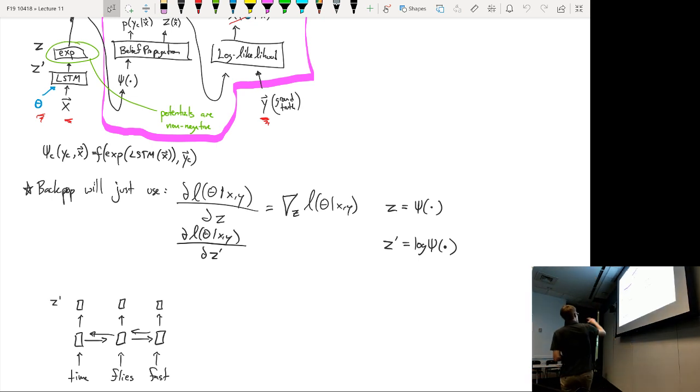So now what we want to do is have a factor graph, and the factor graph is going to have variables y1, y2, and y3, and attached to it are factors.